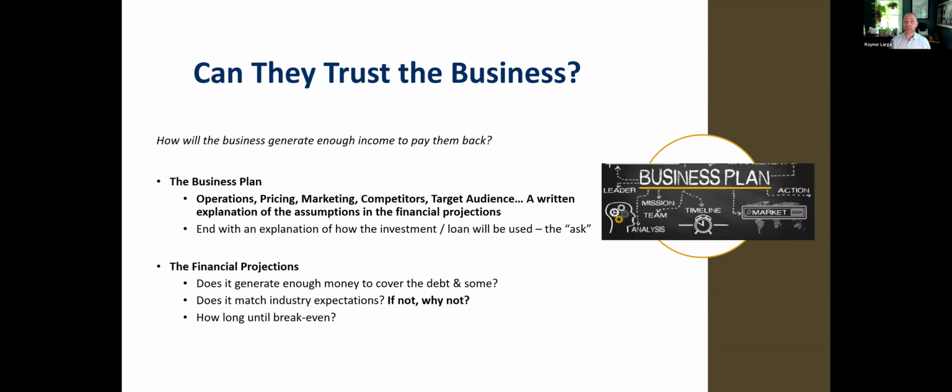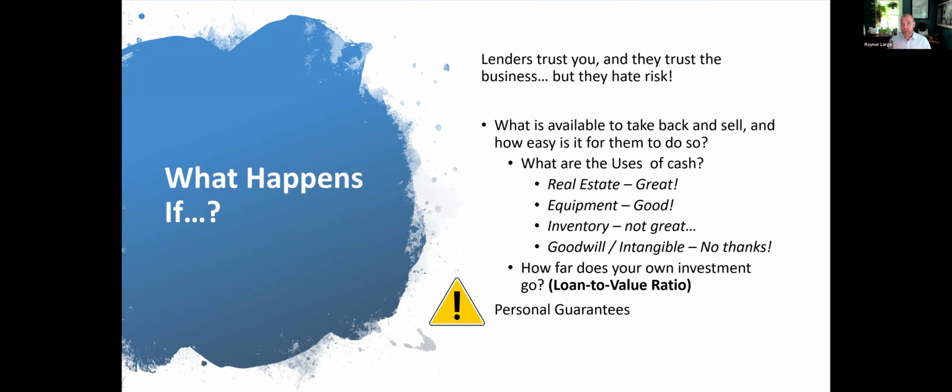But if that works together and says, yep, my projections work, I have a decent credit score, I have some equity involved, then we get to this third piece, which is what is the collateral available? If it's real estate, banks love that. That's not going anywhere.